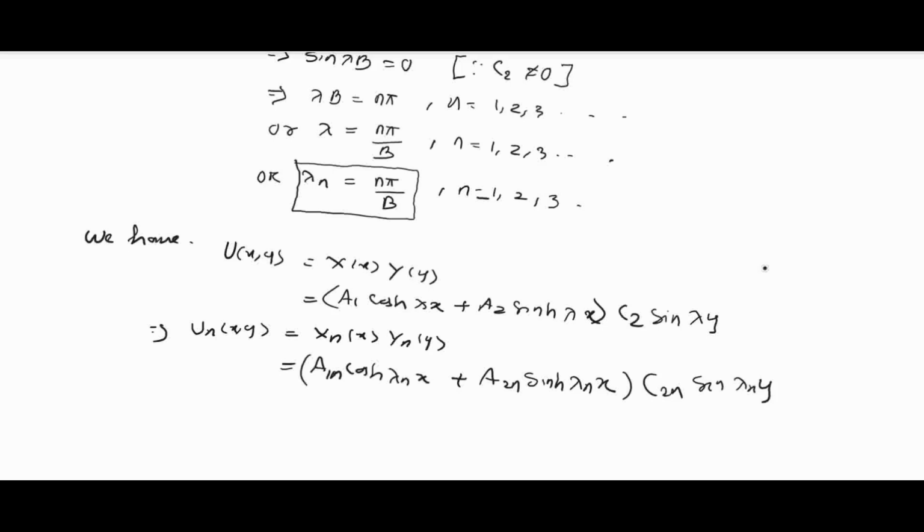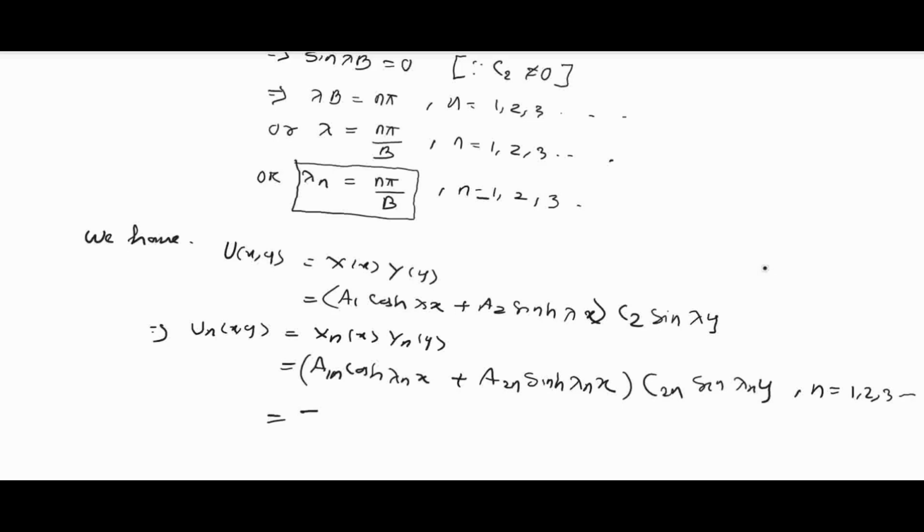We got this one. Now for n is equal to 1, 2, 3, dot dot dot, we can write this in the form of a summation.